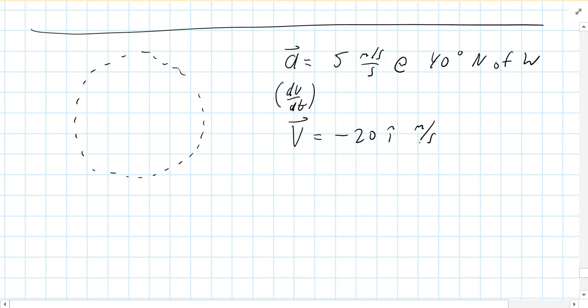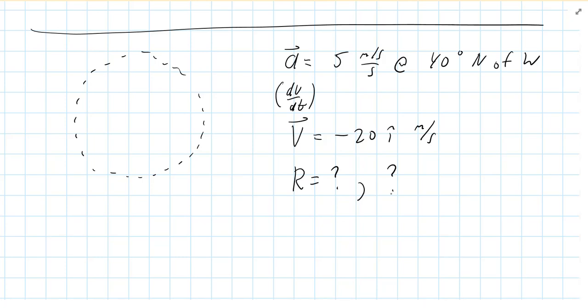So the two questions I would like to know are: what is the radius of the circle, and is the object speeding up or slowing down?